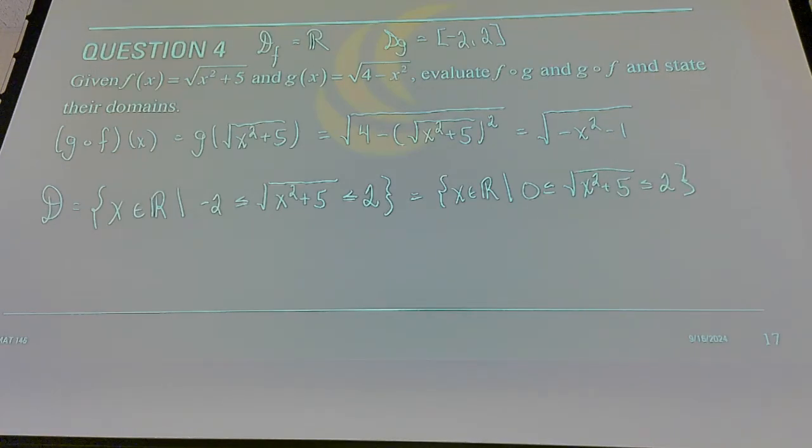I'm going to write it out. How would you solve that?